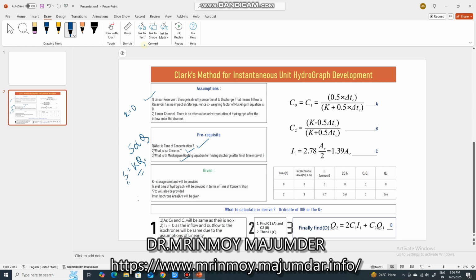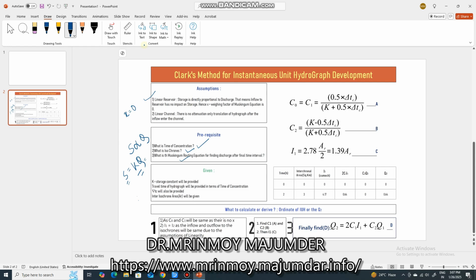Mainly it is used for hydraulic routing, but for channel routing and reach routing, the Muskingum method is widely used. Okay. So with this Muskingum routing equation, you can find the discharge after the final time interval, Q2. So that is what the prerequisites are. That is what the assumptions are.